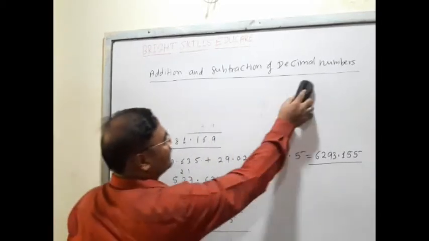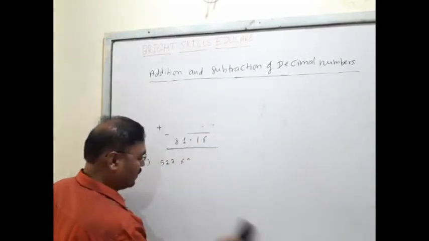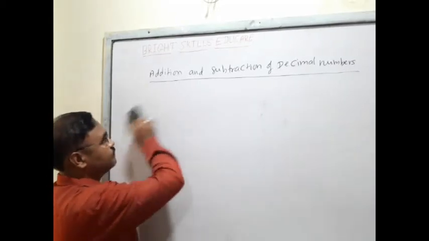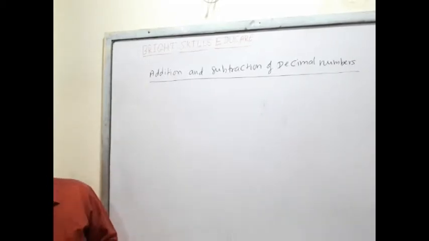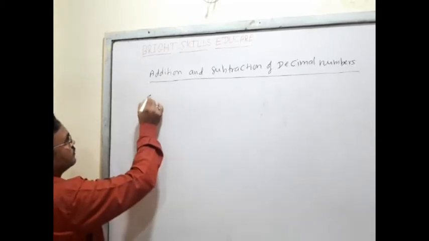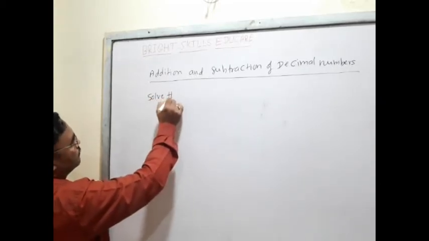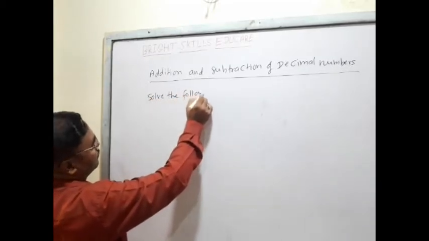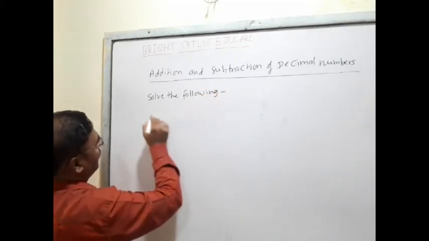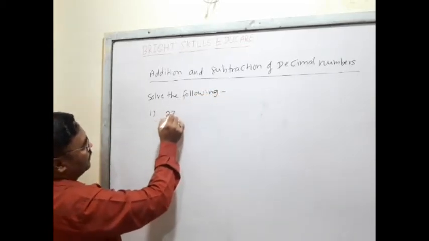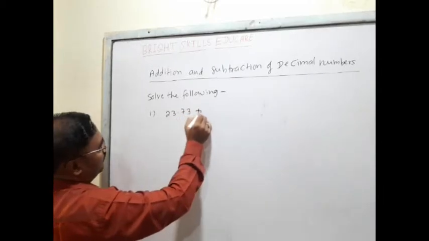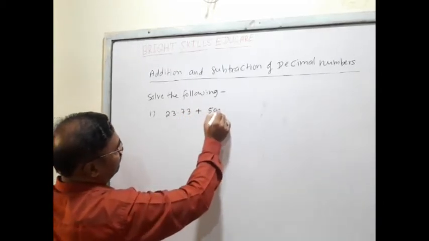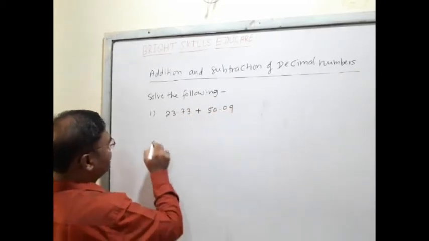So let us have some examples that you have to solve. First question, solve the following. First sum is 23.73 plus 50.09.